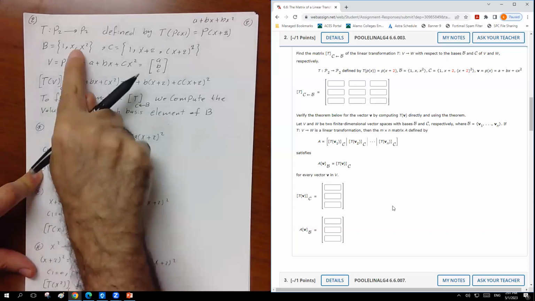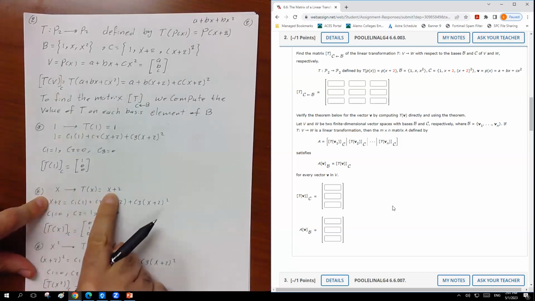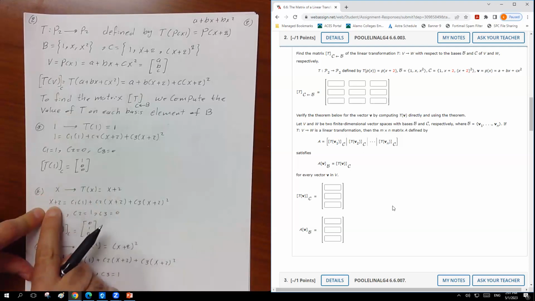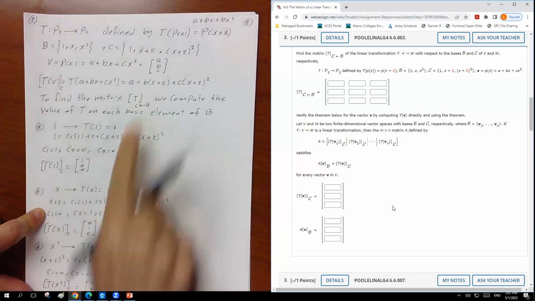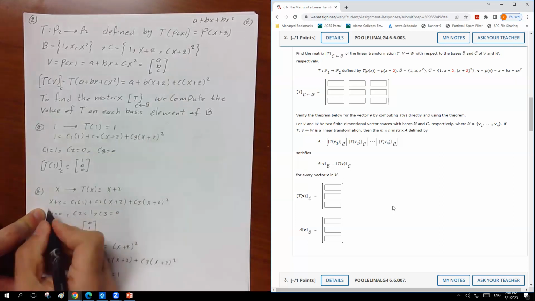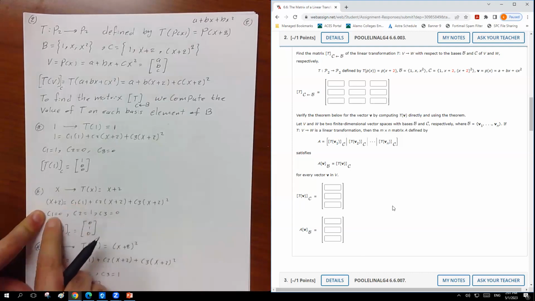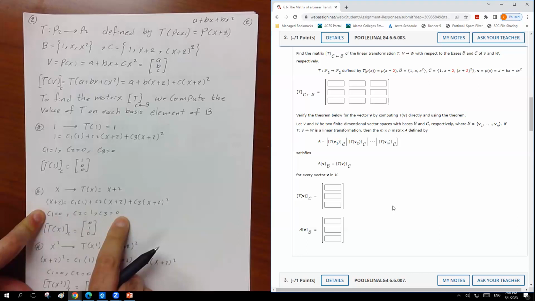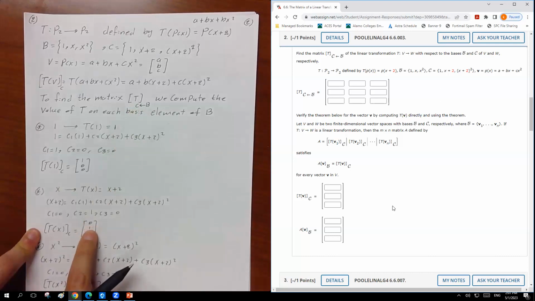Now let's take the second element from the base B. T of x is going to be, x, so I'm going to plug in x plus 2. That means x plus 2 is going to be c1 times the first vector, c2 times the second, c3 times the third one. This element is equal to x plus 2. That means c1 is going to be 0, c2 is going to equal 1, and c3 is 0. So the second column is 0, 1, 0.